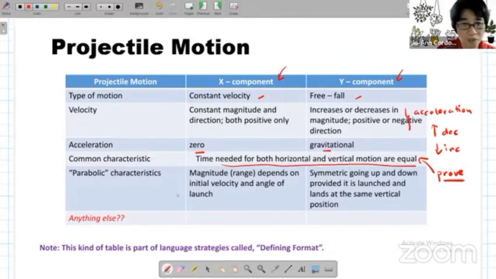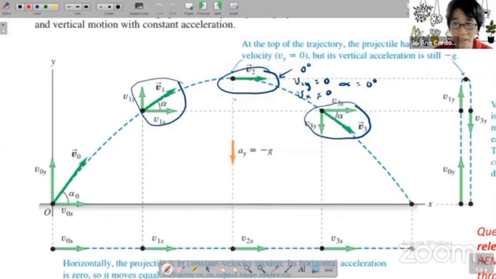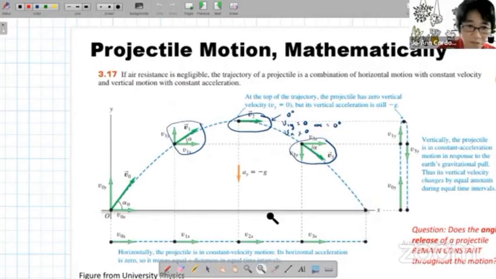And then yung parabolic characteristics niya, of course, the range of that one will depend on the v of x, yung ating initial launch velocity. Samantalang sa case ng y component, yung ano niyan is yung symmetry ng going up and going down. So that if we look at this figure again, if your object essentially starts from this point and ends along the same displacement point here.